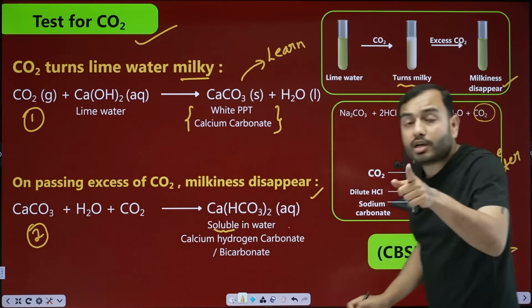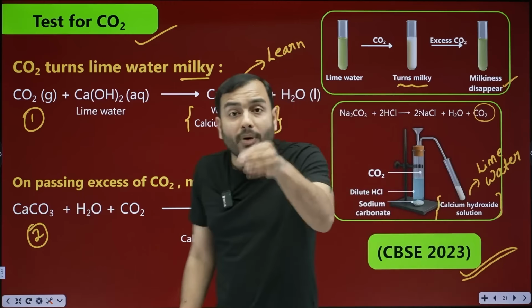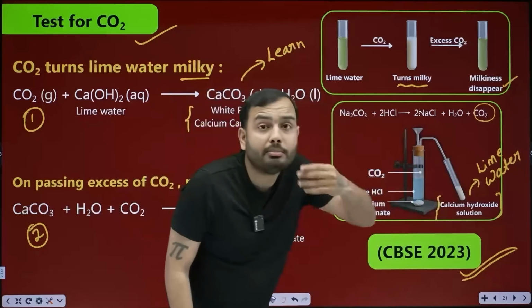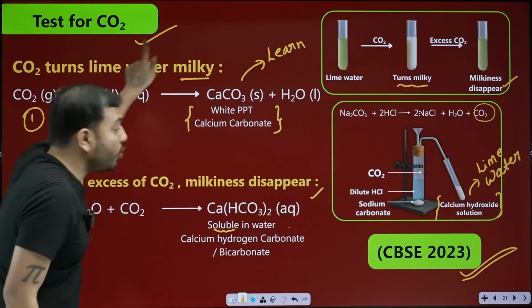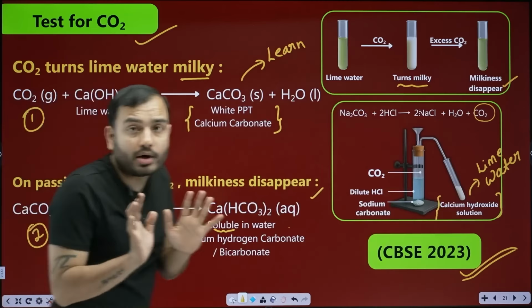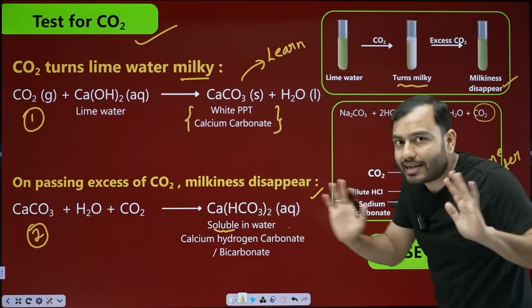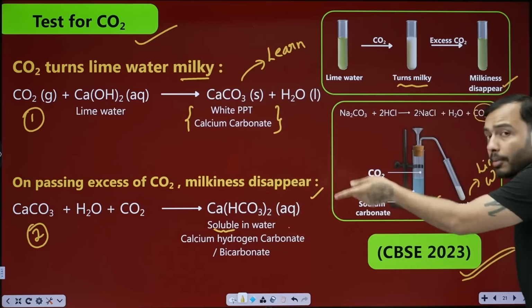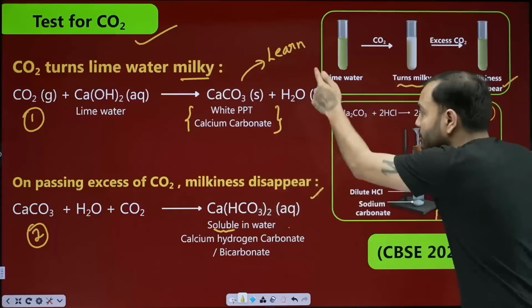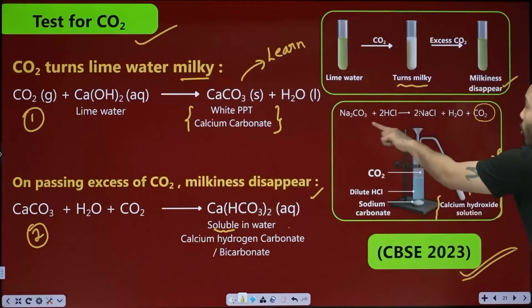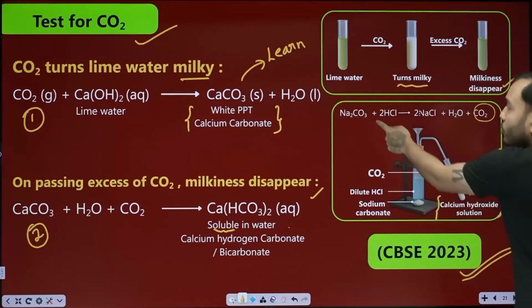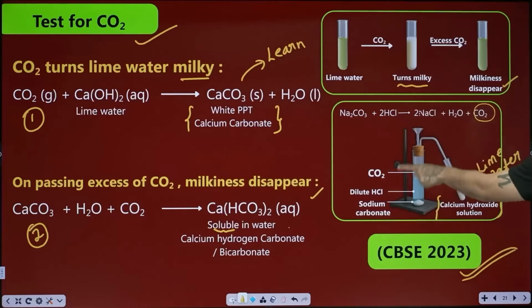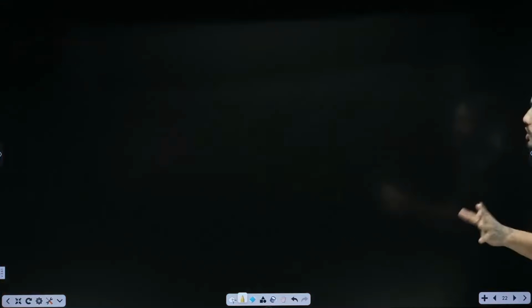Lime water will turn milky, and on passing excess carbon dioxide, the milkiness disappears. Write the two equations; you should know both. The carbon dioxide test is clear: lime water turns milky, and with excess, the milkiness disappears. These are the two reactions, and this question comes with the carbon dioxide released.